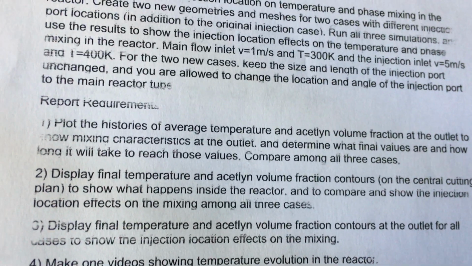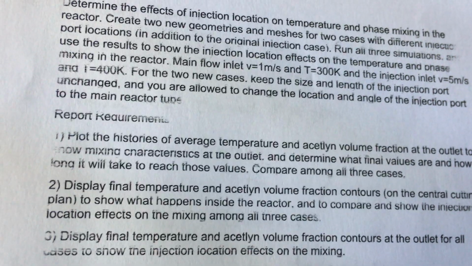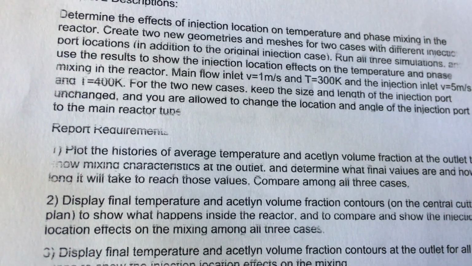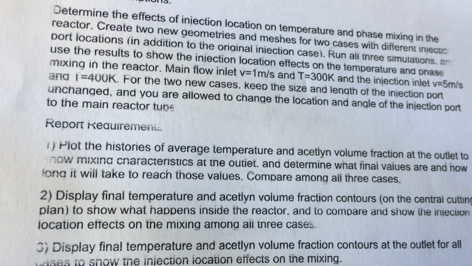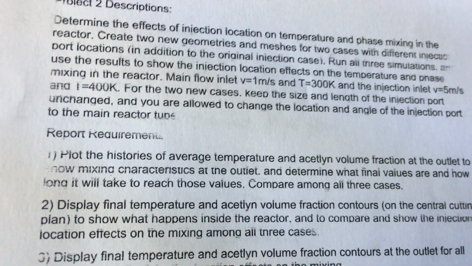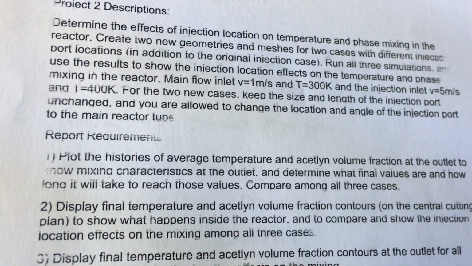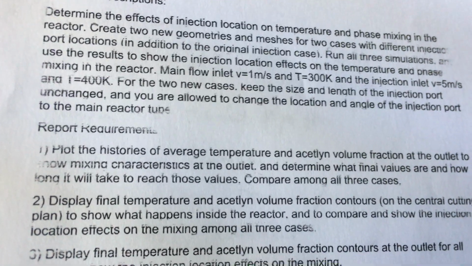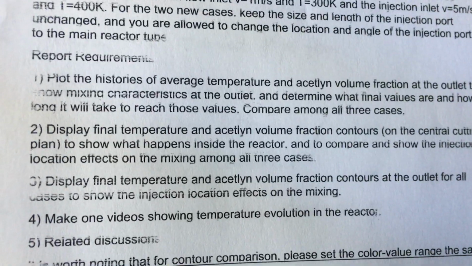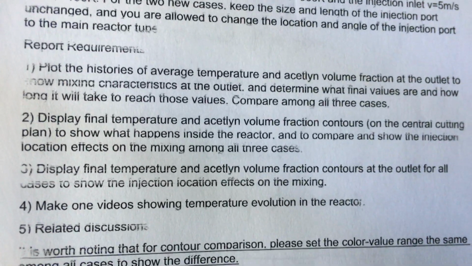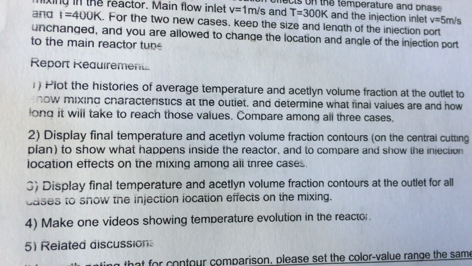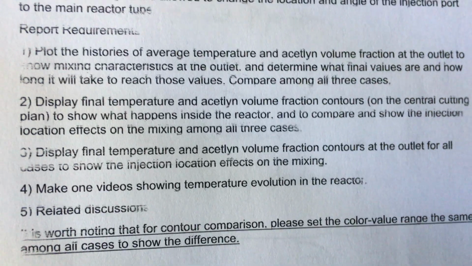Then the color represents the value. Among the three cases you compare, the color represents the same values, so you can tell which one is better. Without doing that, the color doesn't tell anything. If the color represents different values, you cannot see the comparison. Very important: set the contour color range the same for all three cases.